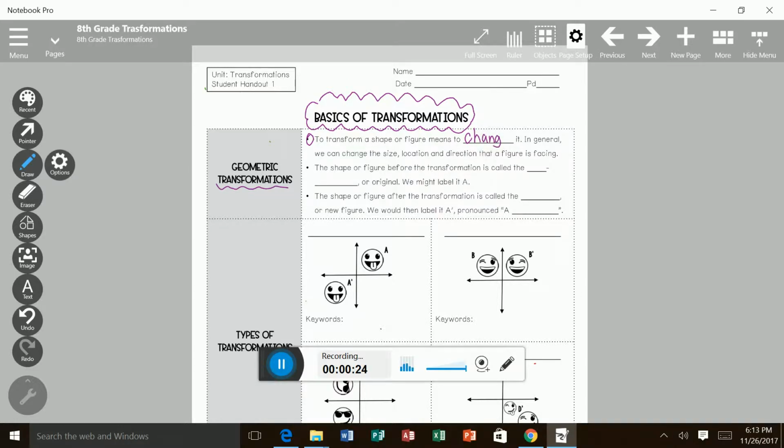Kind of like the Transformers, the movies. Okay, they change. In general, we can change the size, location, and direction of a figure, the direction that figure is facing. The shape or figure before the transformation is called the pre-image.